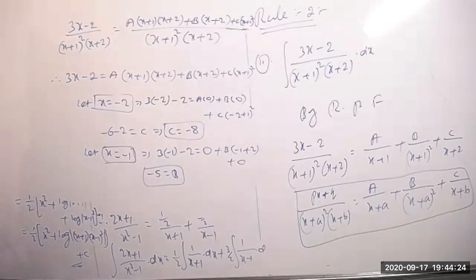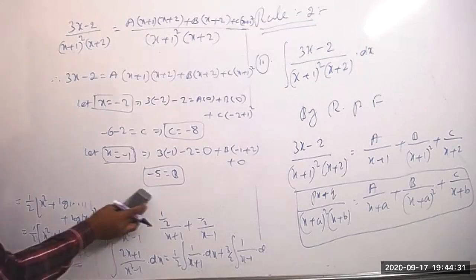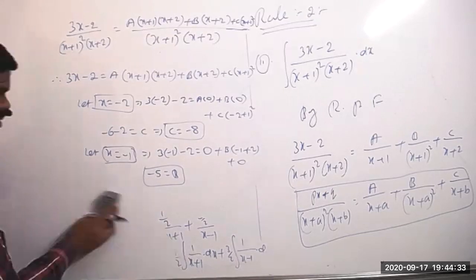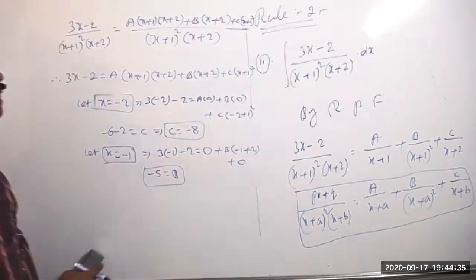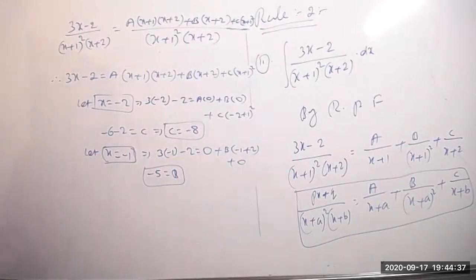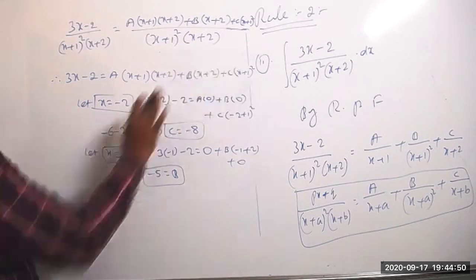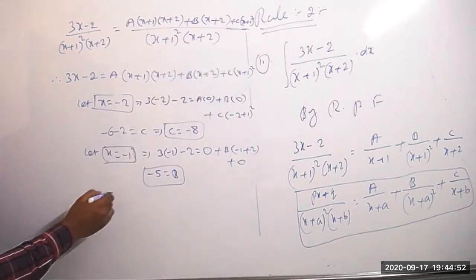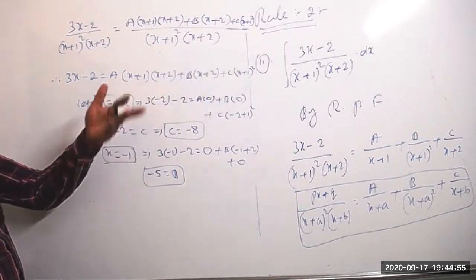And the value of a, we require now. Then what do we have to do? First you can multiply all the values. I think directly comparing the x square term is enough, and here also we are getting the x square. Taking another substitution here is not possible.